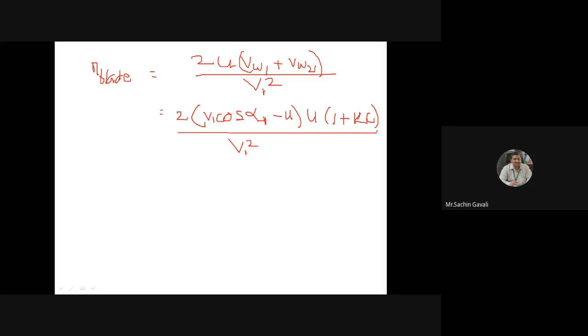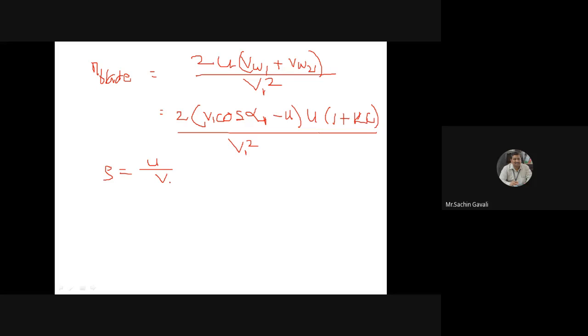Okay, now here what we are doing, U upon V1, the speed ratio, that is blade velocity to steam velocity ratio, that we define as one constant, rho, equal to U upon V1.